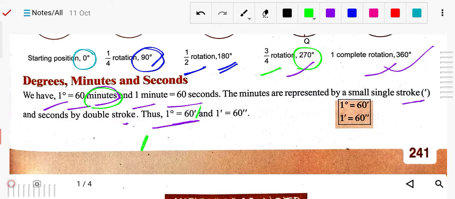For second, the double stroke. So 1 degree equals 60 minutes, for the minute a single stroke, for the second the double stroke, and 1 minute equals 60 seconds. So this is simply the denotation, how to denote.